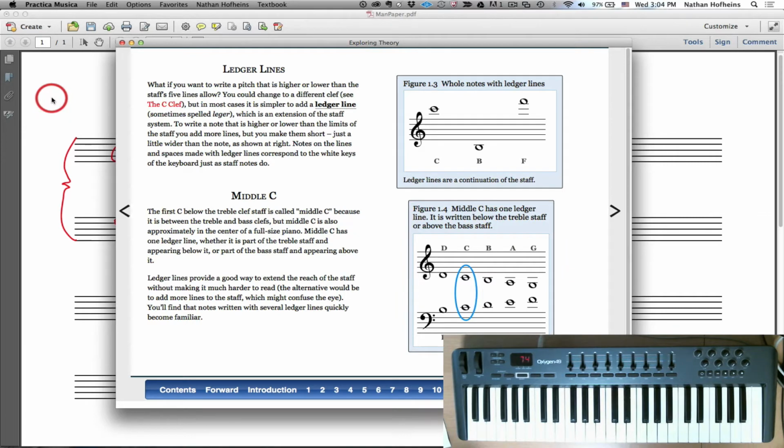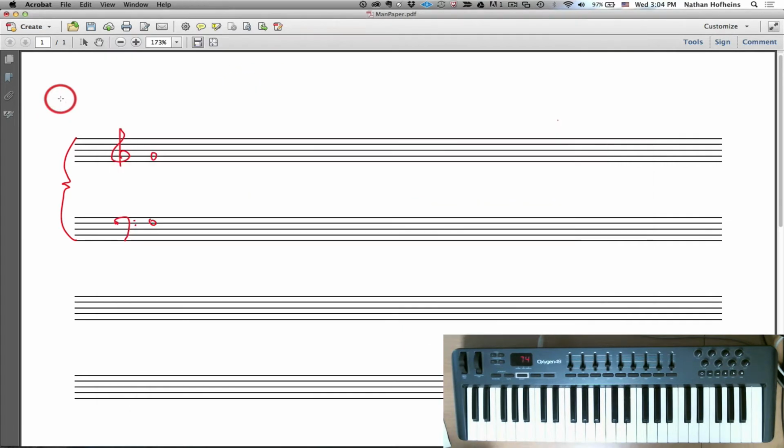The other thing is ledger lines. Now, this E right here is this note right here. And the highest note on the bass clef staff would be the A. So you've got these notes in between that don't have any lines or spaces, so we have to create them ourselves.